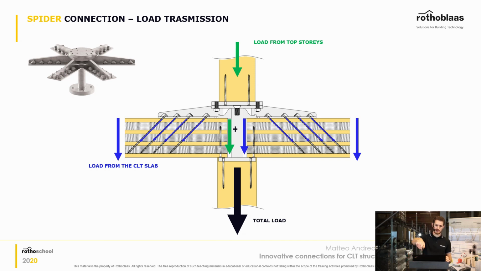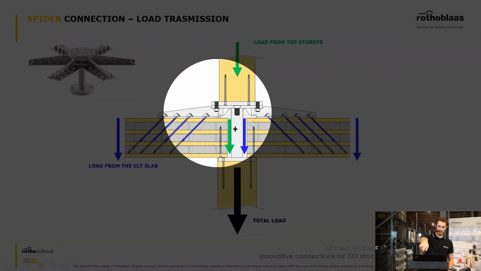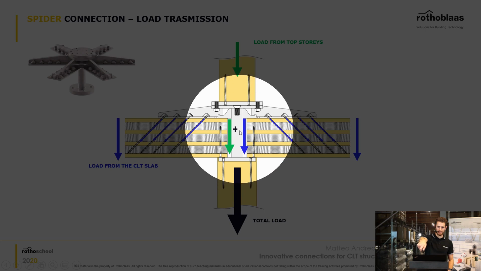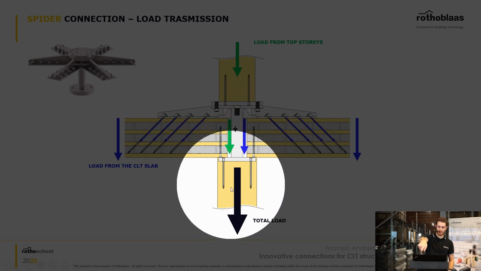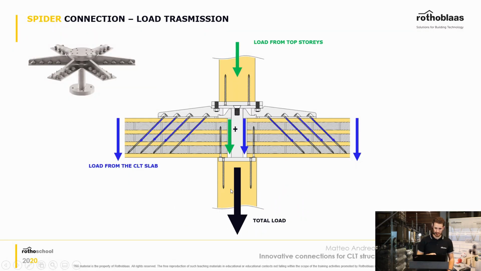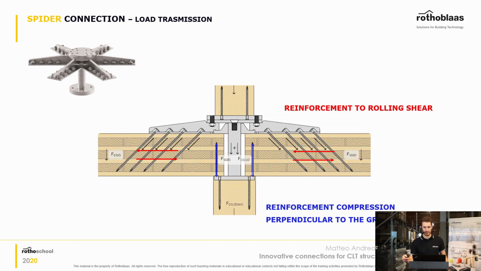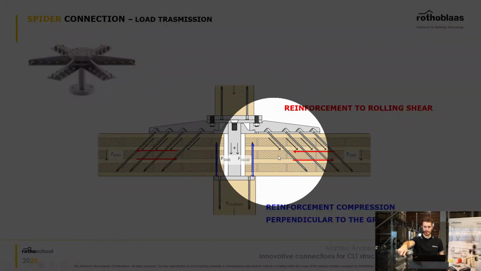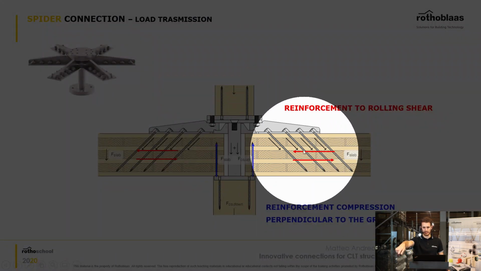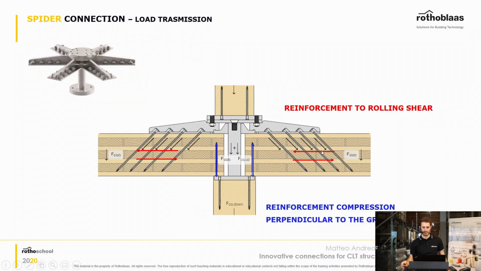And so these big arms are bringing all the forces down here, and so the total load is the loads from the upper stories plus the loads from the CLT slab. And as well, these connectors here, the full threaded screws, the inclined ones, are very useful for another thing as well, which is the rolling shear.